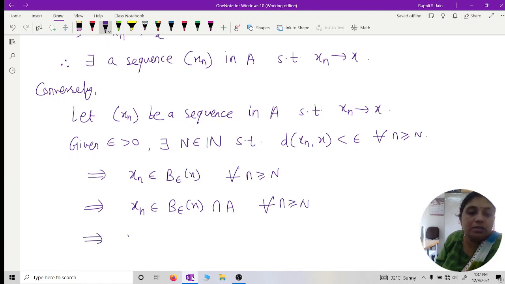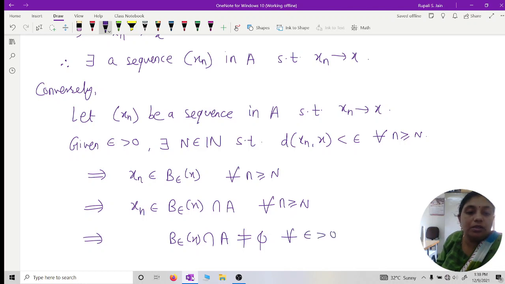So this implies xn belongs to B epsilon of X intersection A, meaning this is non-empty, right? So B epsilon of X intersection A is not empty for every epsilon greater than 0.